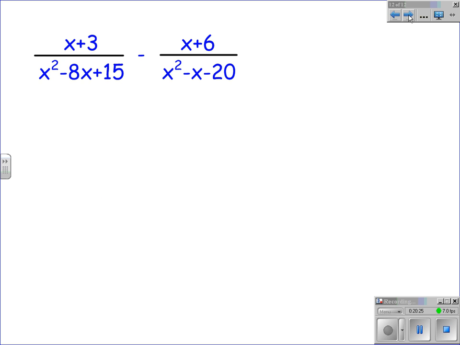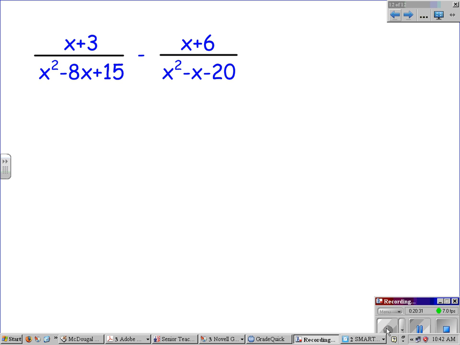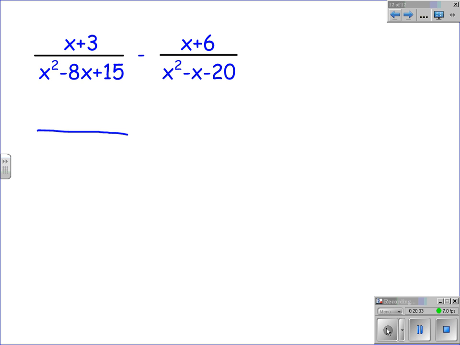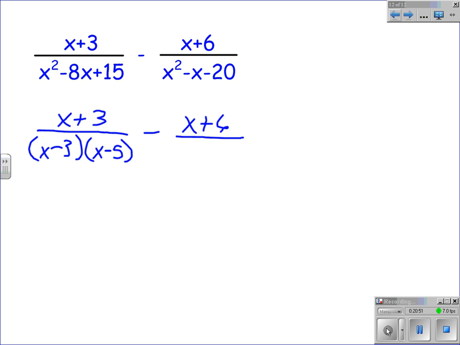You might need to do a little factoring first, huh? Okay. On the top, or excuse me, on the first fraction, we've got x plus 3 on the top. What are our denominators for the bottom, please? What are our denominators? Cole? X minus 3 and x minus 5. X minus 3 and x minus 5. All right. Then, what are our denominators for the bottom of the second fraction?